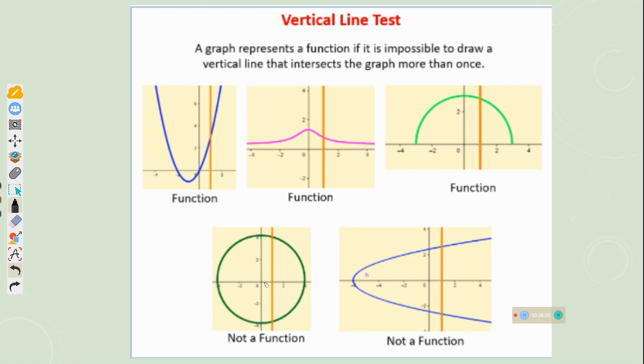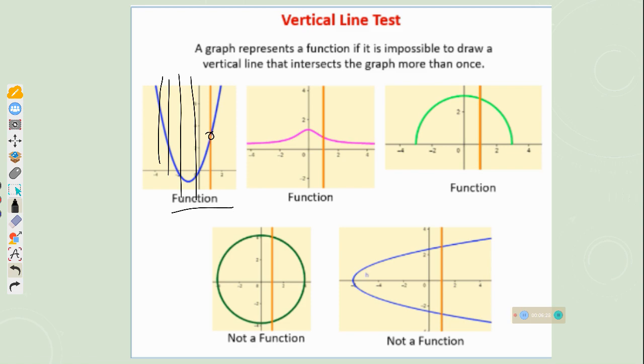This is known as a parabola. If I ran a vertical line across, like you see here, you will see it only touches the blue line in one place at a time. So you could go here, here, here, here, but every one of these lines is only touching in one place at a time. Same here. You have this, so this is a function.